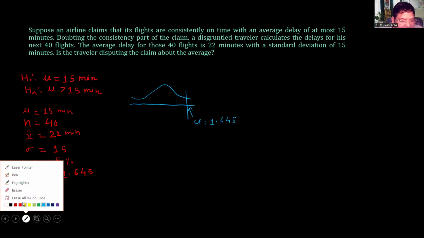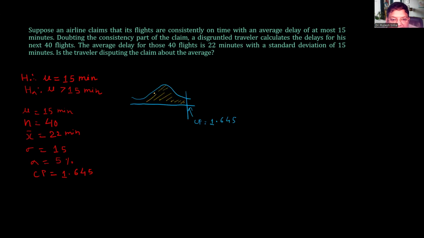So this area is the region of acceptance. My null hypothesis will be accepted if my z value comes out less than 1.645, and this is the region of rejection.